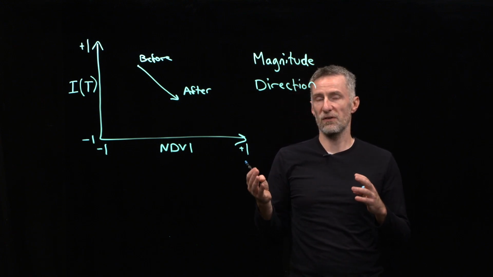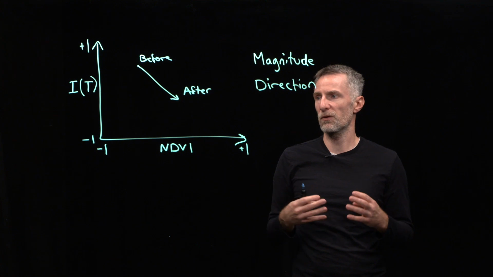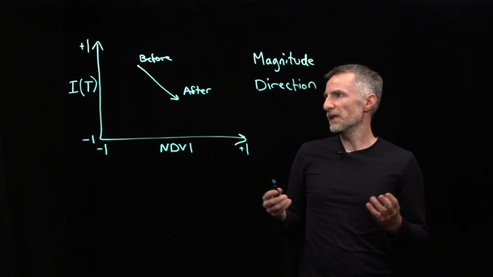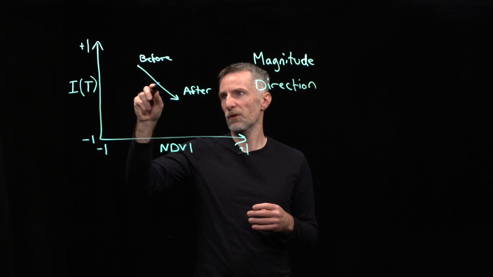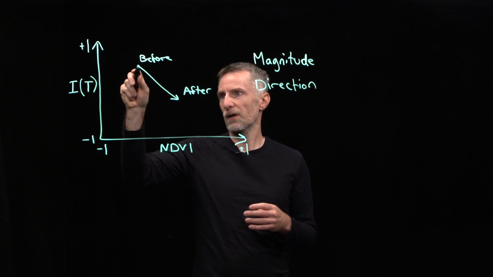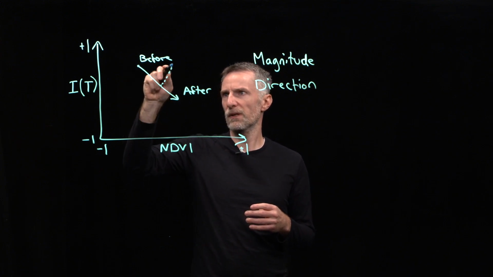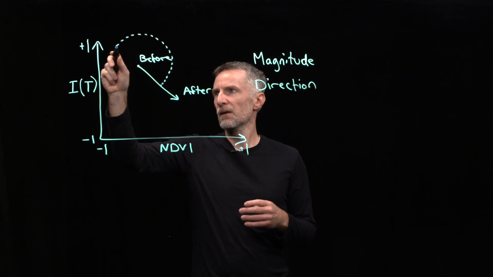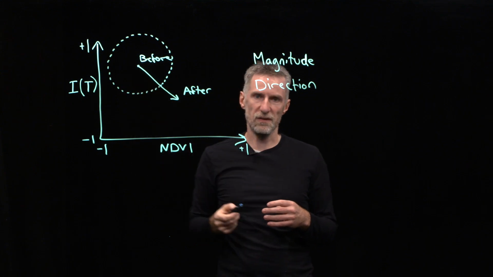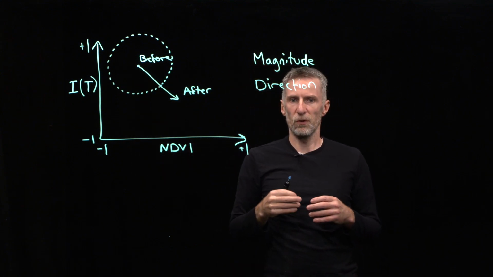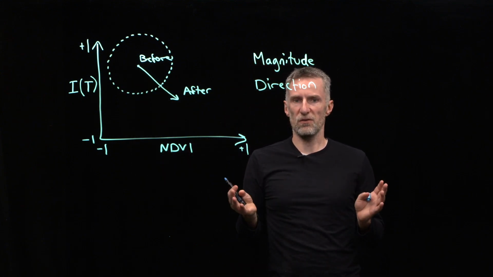Whereas those pixels that have changed more than our threshold, those are the ones we actually care about. We can visualize these as a circle, for example, around the before point here, where we say any change vector that does not escape this circle, we're going to ignore it. We're going to say this pixel hasn't changed.